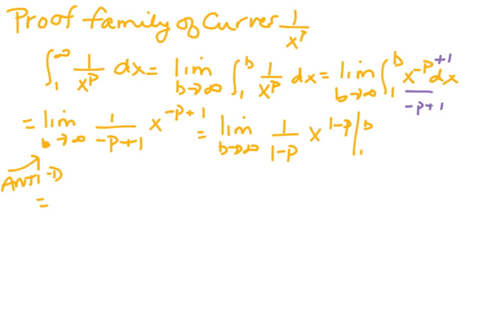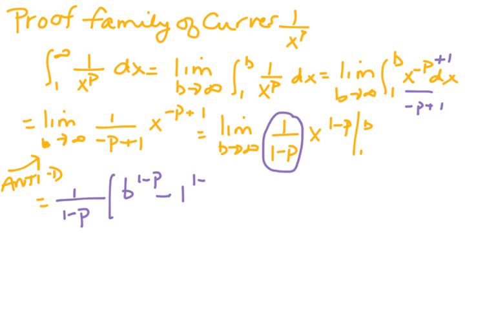Remember that the term 1 over 1 minus p is simply a constant, so I'm going to pull it out in front, and then I'm going to put b and 1 into the fundamental theorem of calculus: b to the 1 minus p minus 1 to the 1 minus p. And 1 raised to anything is going to be 1. So I'm going to rewrite this limit again.